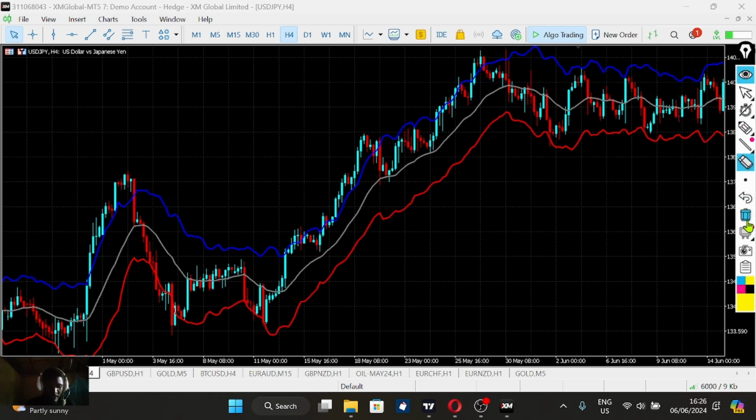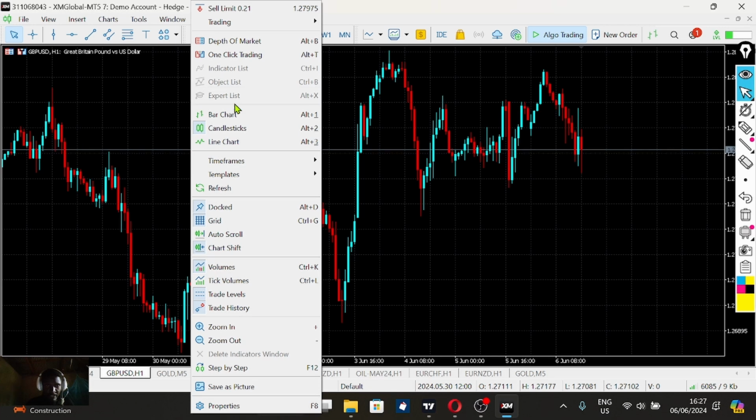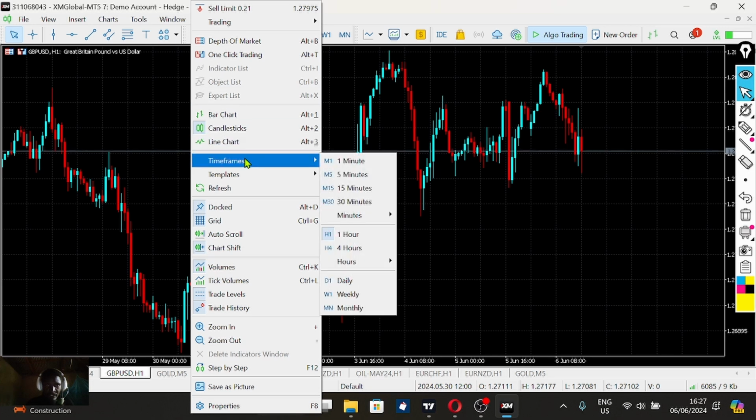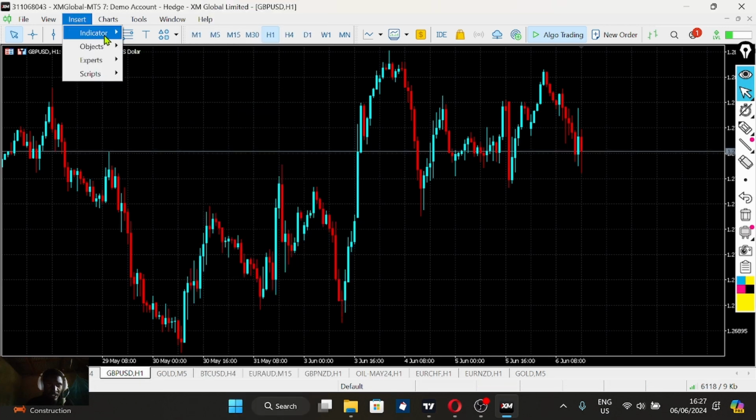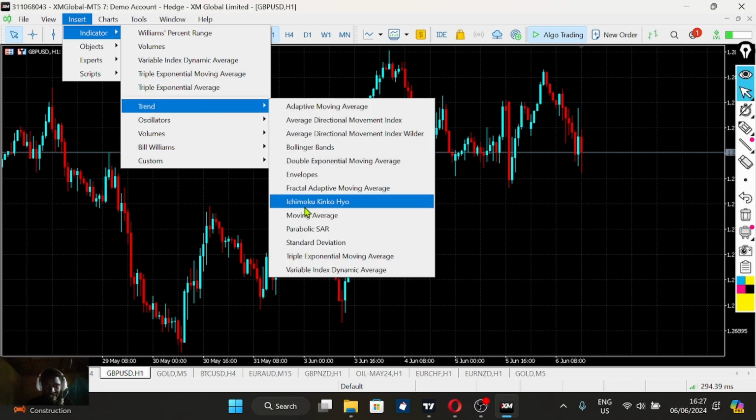Now the next indicator that we shall be looking at is parabolic SAR, and we shall be using Heiken-Ashi candles. Let's add the parabolic SAR.